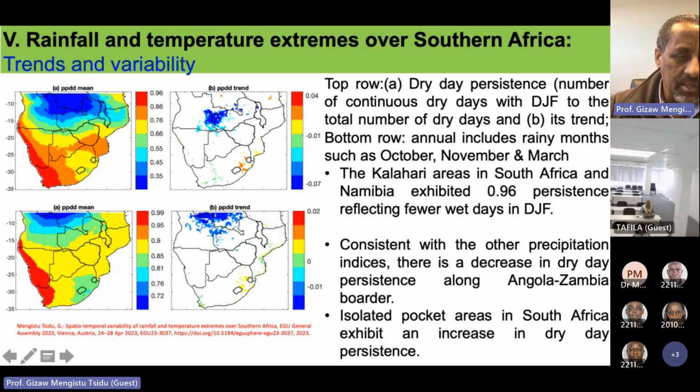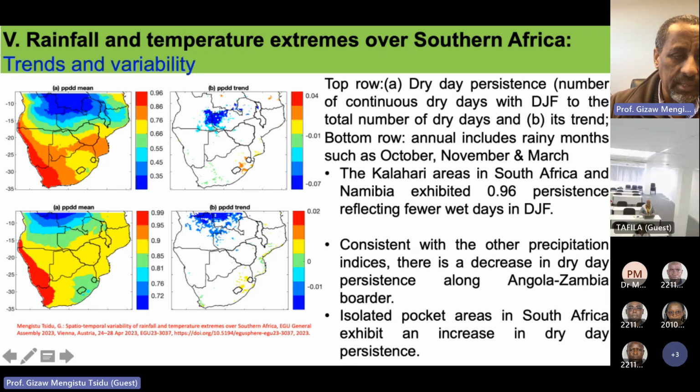You can see Southern Africa, western part of South Africa, and the western part of Namibia. They are really almost dry throughout the season. That's what the rate shows, 0.96, only a few days of rainfall.